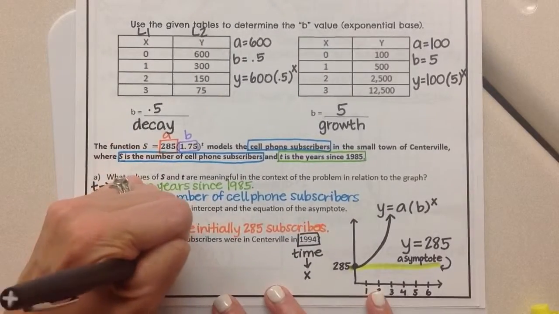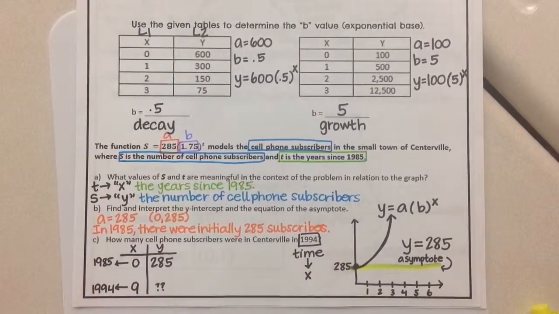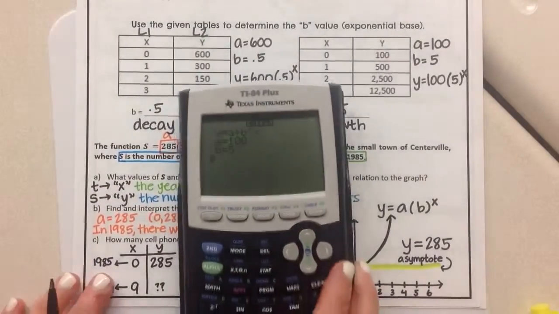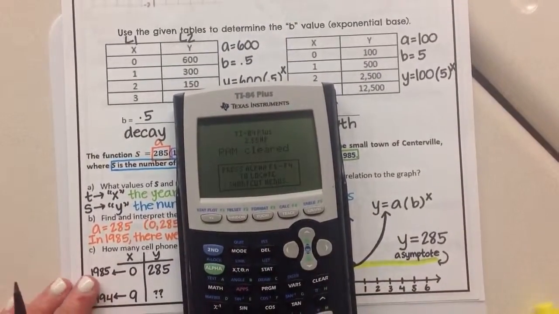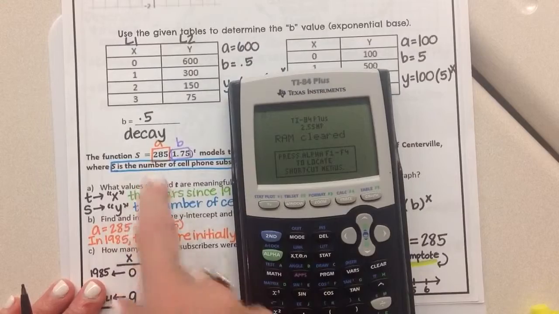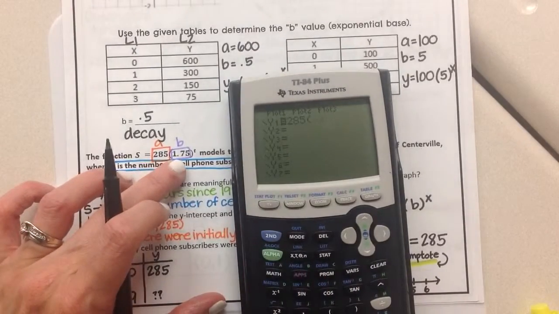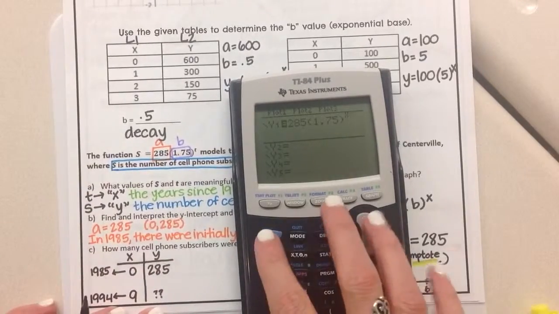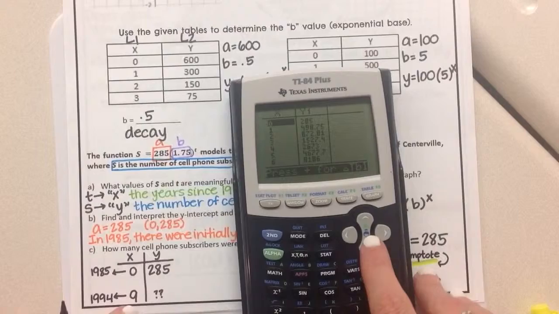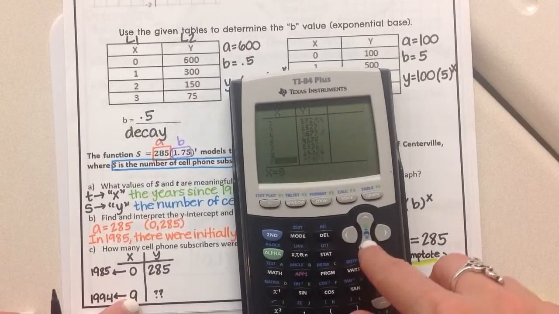Well, I know that there are 285 subscribers. I just don't know how many there are 9 years later. And that's where my calculator is going to come in. I'm going to clear my memory, go to y equals, and type in the equation that they gave me. So I'm going to say 285 times 1.75 in parentheses, raised to the power of x. And now I'm going to go to my table, and when x is 9, how many cell phone subscribers did we have?